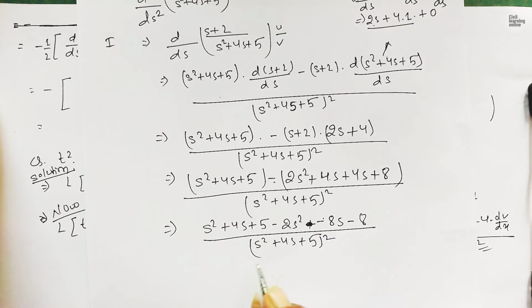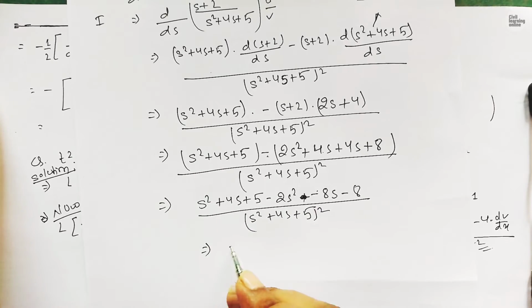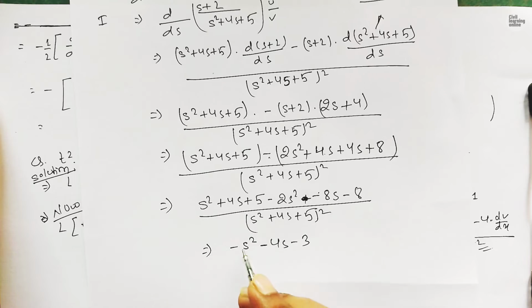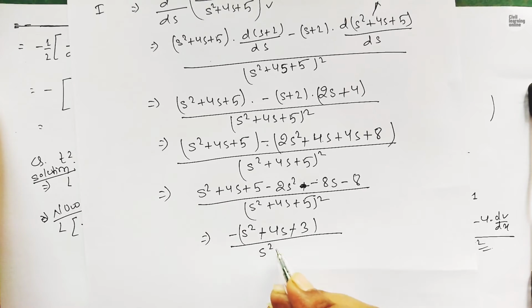So on doing the subtraction, we will have minus s square minus 4s minus 3. Take minus common, and here we will have (s square plus 4s plus 5) whole square.